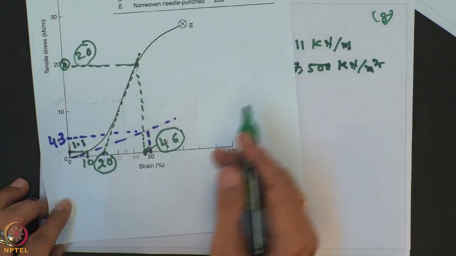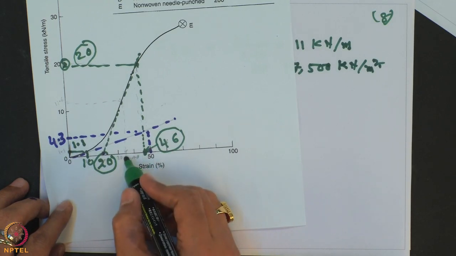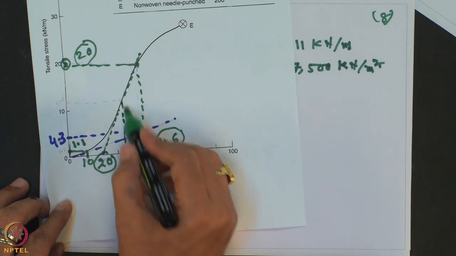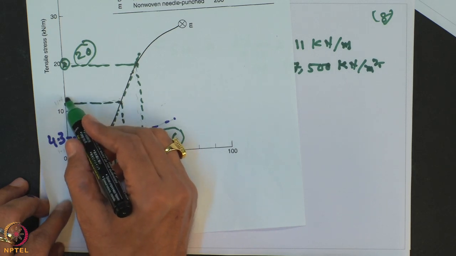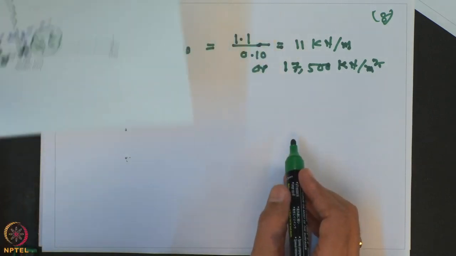Similarly, for the 35% strain, let us say this is the 35 here. So, for the 35% the stress value is, let us say 11.6 kilonewton per meter.